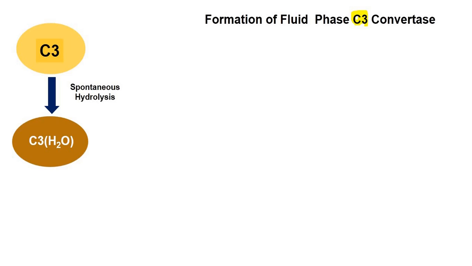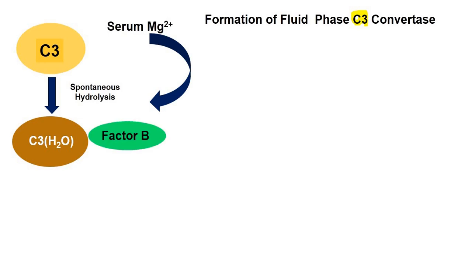This is C3H2O, which is very different from the parent molecule C3. Now, what happens? You have serum magnesium, magnesium ion present in the serum. This serum magnesium will closely link factor B along with C3H2O.